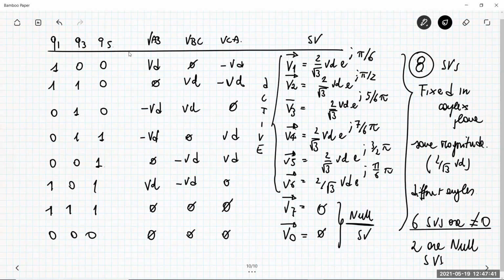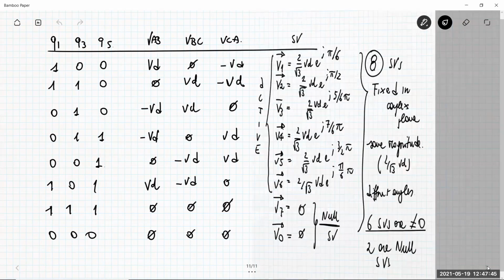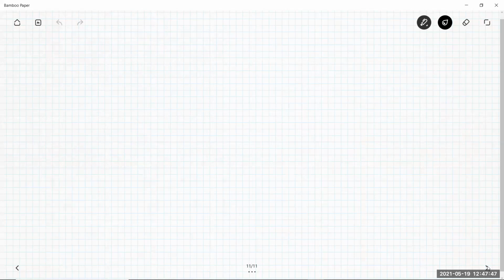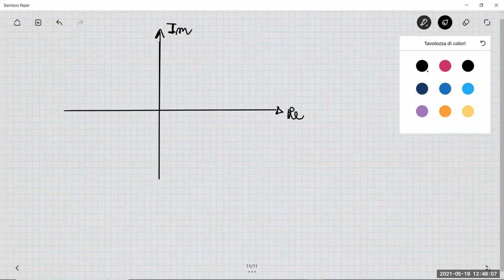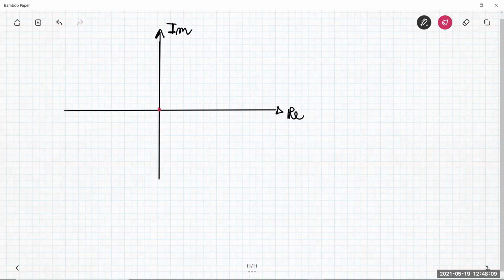So this is the representation. Now we can plot these vectors in the complex plane. This is the real axis, the imaginary axis. Let's start with the null space vectors. The two null space vectors lie at the origin of this plane.